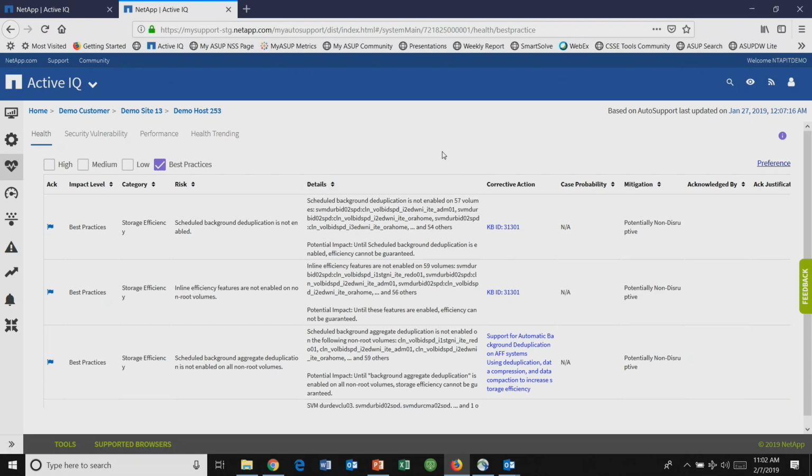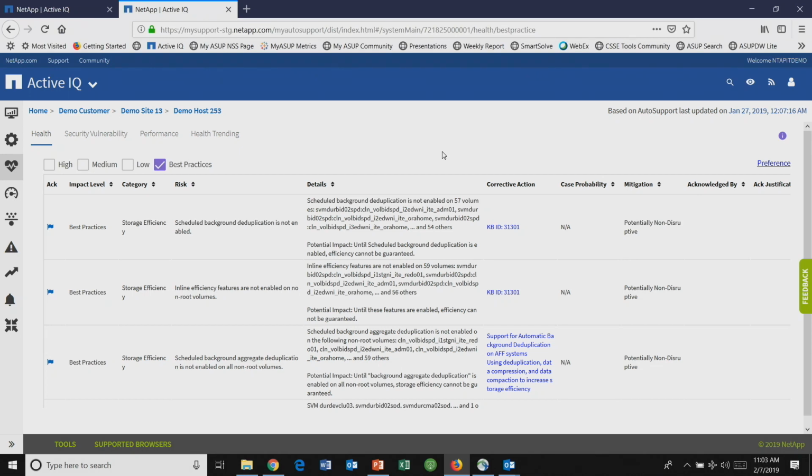So while she's looking at this, one thing that strikes her is in her environment, more than the controller and the storage, what really matters are the mission critical workloads that they're running.